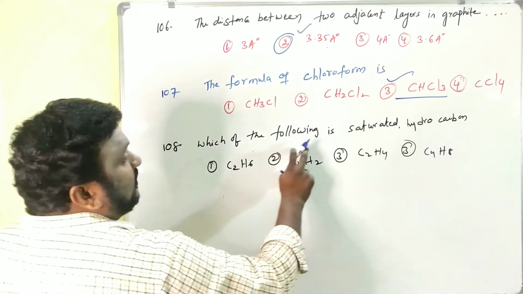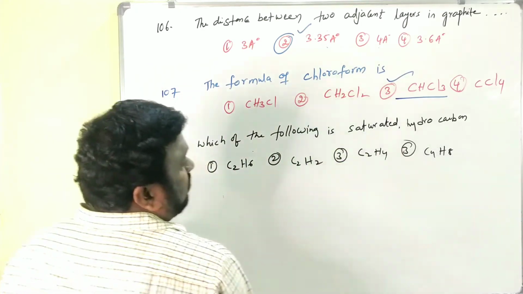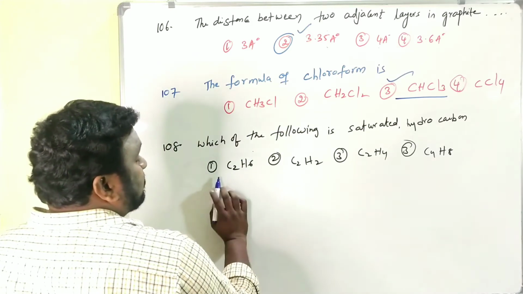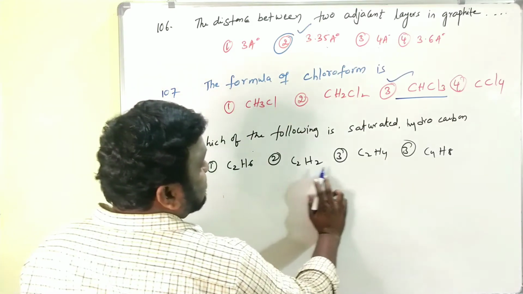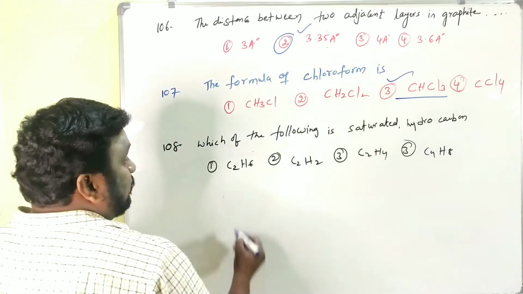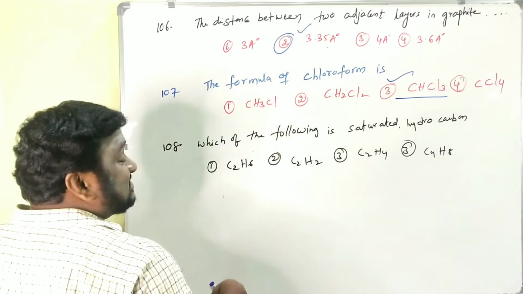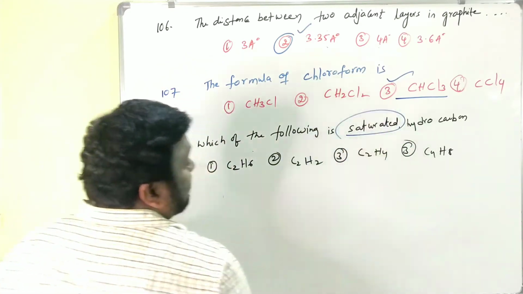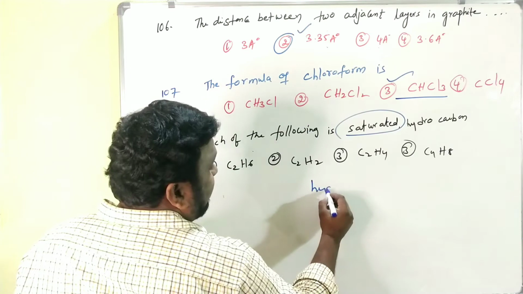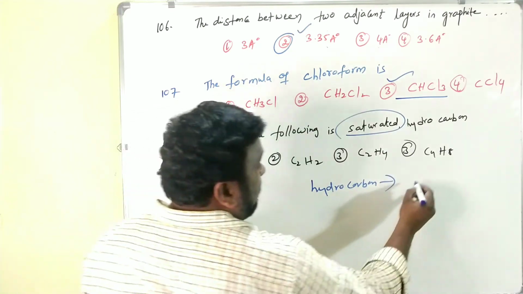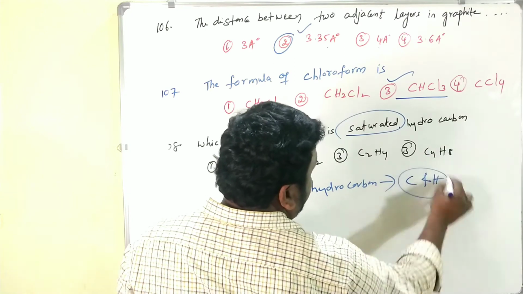Next, which of the following is a saturated hydrocarbon? Among the given options, C2H6, C2H2, C2H4, C4H8. Generally alkanes are called saturated hydrocarbons. Hydrocarbon means compounds which have only carbon and hydrogen.